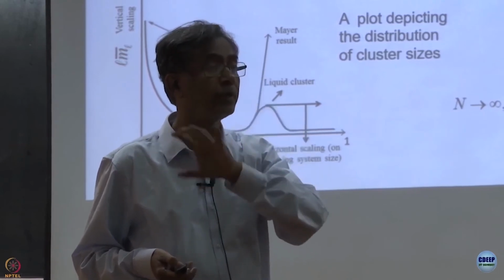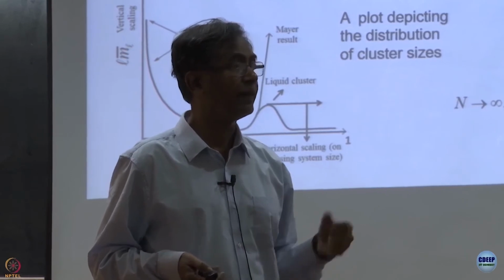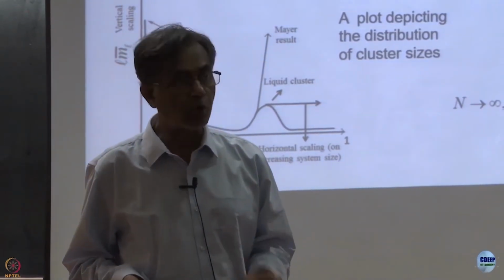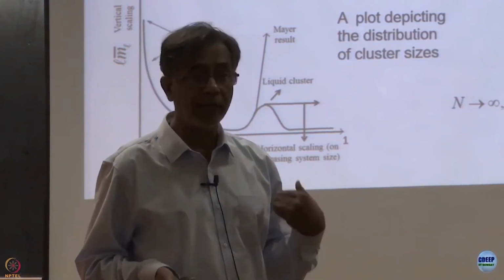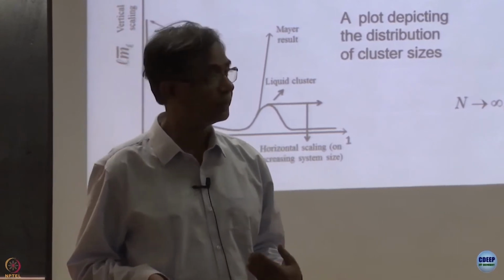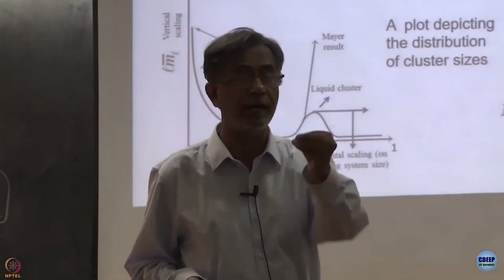So, liquid means the molecules are all talking with each other. That means in this description they are part of the same cluster. Talking with each other means they are connected by a bond. This is not a chemical bond, the bonds are breaking and forming, but they are interacting. So, in a liquid, each particle need not interact with everybody.